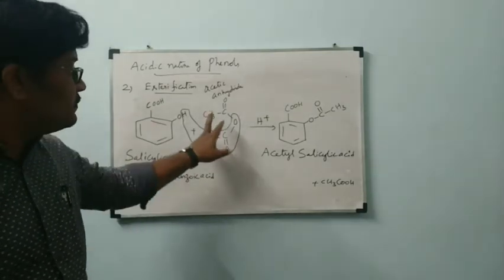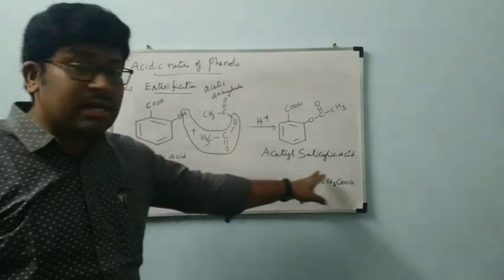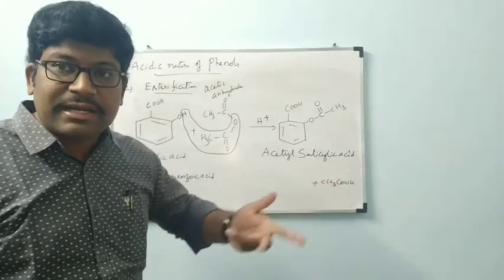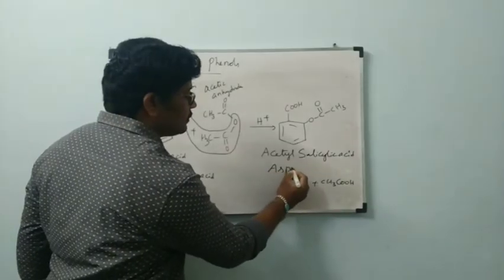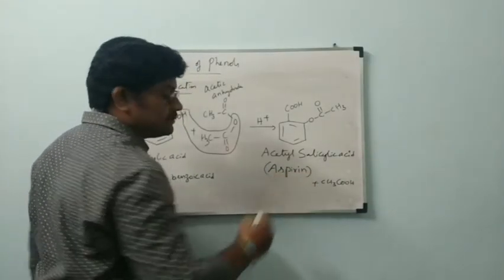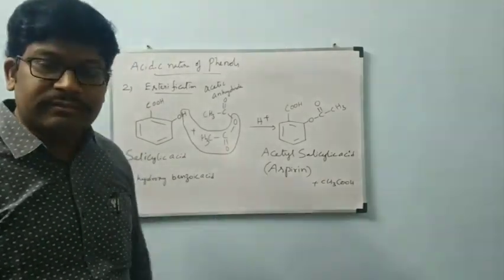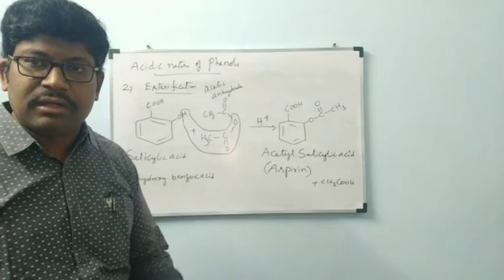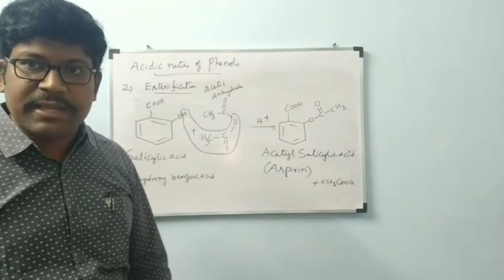In that salicylic acid, we replace the hydrogen with the acetyl group. The drug name of this compound is aspirin. It is a drug, which means it is a medicine. Acetyl salicylic acid is called aspirin, used for curing headaches, slight fever, body pains.